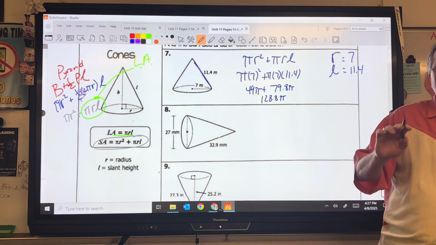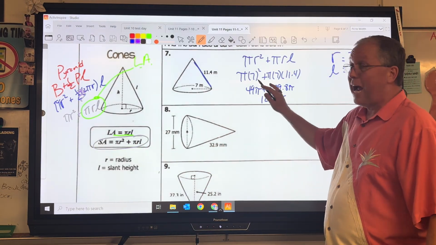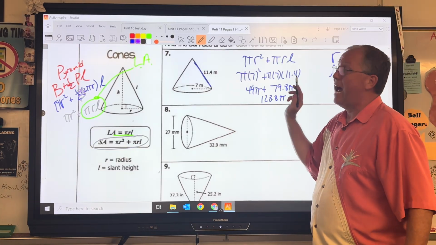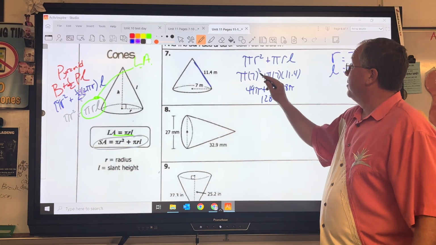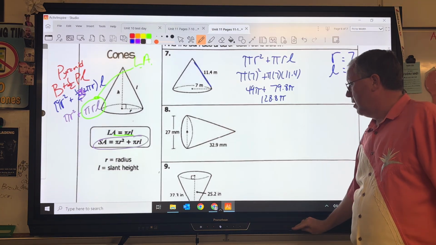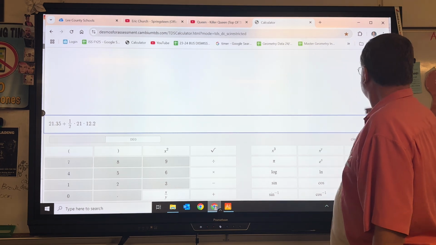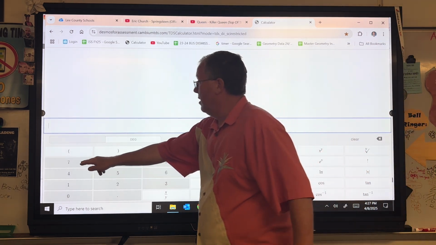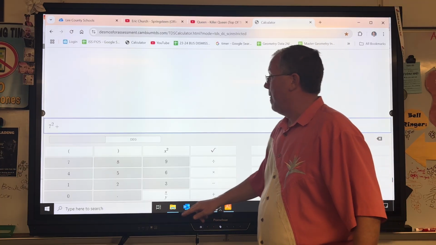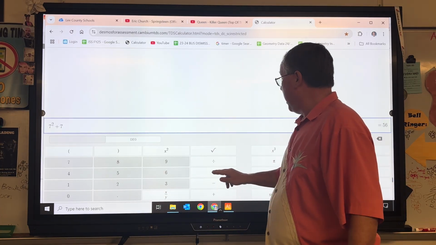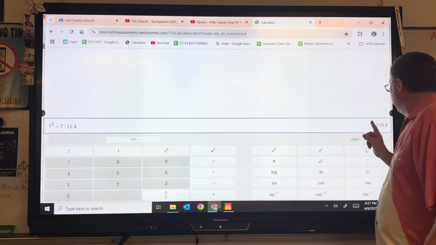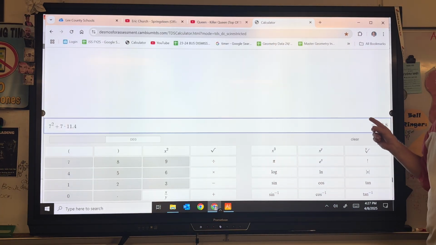But I want to show you that on the calculator. So on the calculator, here's all I need to do. If I'm going to leave my answer in pi, ignore pi. Just do it at the end. So I'm going to put 7 squared plus 7 times 11.4 in the calculator. If you look, it gives you 128.8.